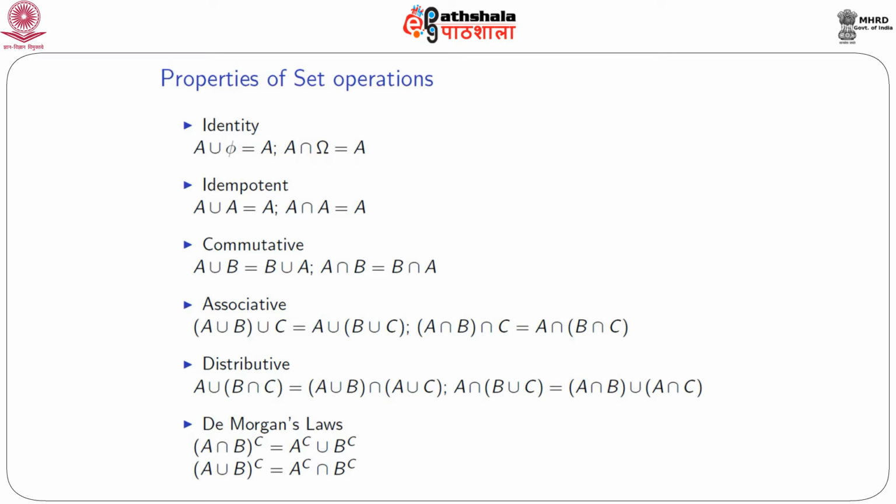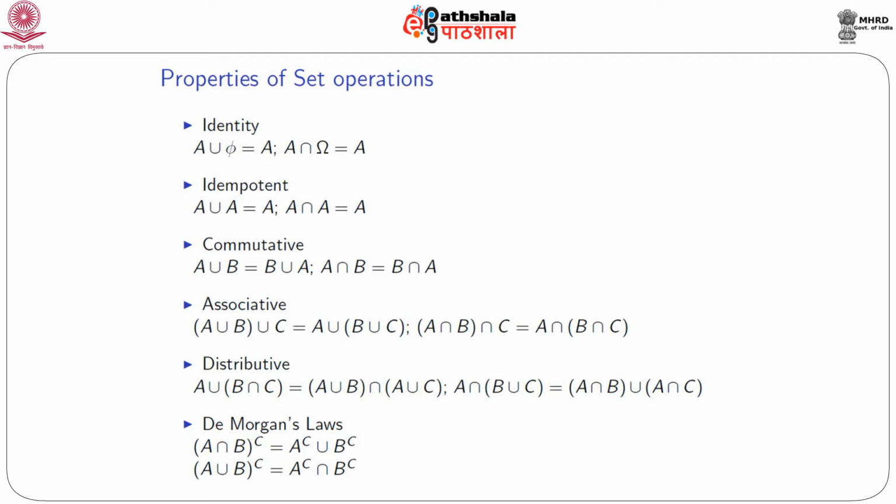The same property can be observed when we are doing intersection. If I take the intersection of the first two sets and then take the intersection with the third, it is same as taking the intersection of the second and third together and then taking the intersection with the first one. This is called associative property.